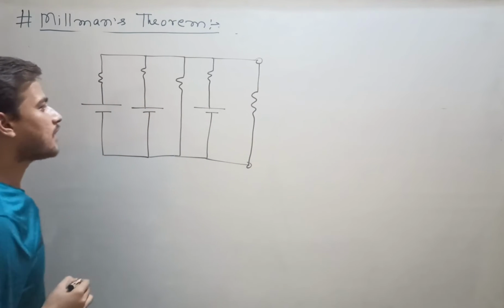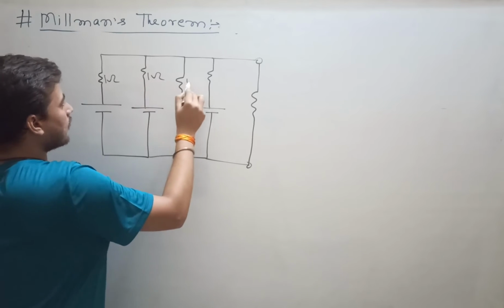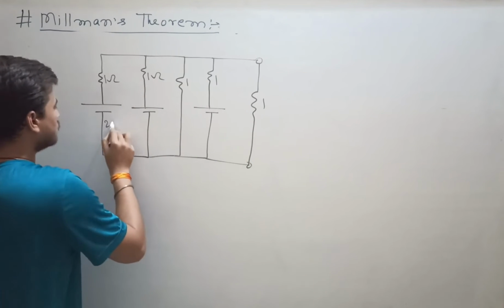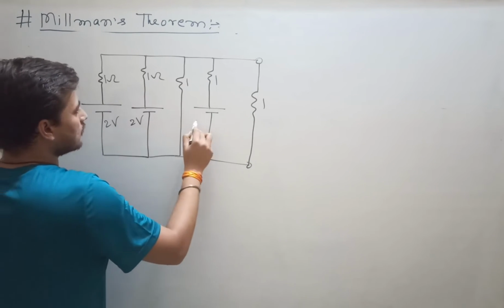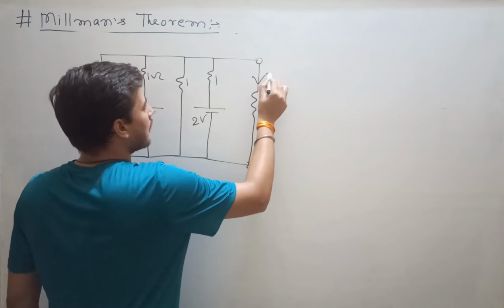This is 1 ohm, 1 ohm, 1 ohm, and 2 volt, 2 volt, 2 volt. Clear?